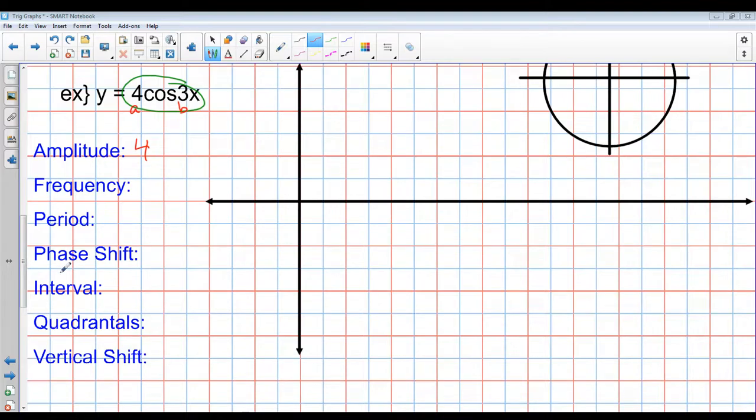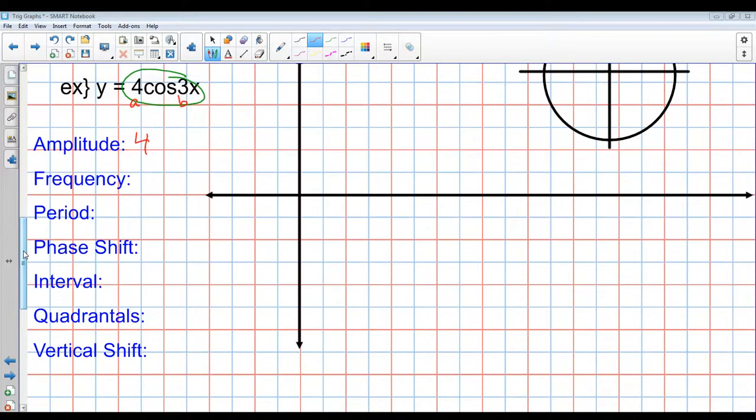It's going 4 units up and 4 units down from the midline. The frequency is 3. So it's going to basically complete 3 cycles of this graph by 2 pi. So it's a horizontal shrink of 1/3. So it's getting 1/3 as fast, 1/3 as frequent.